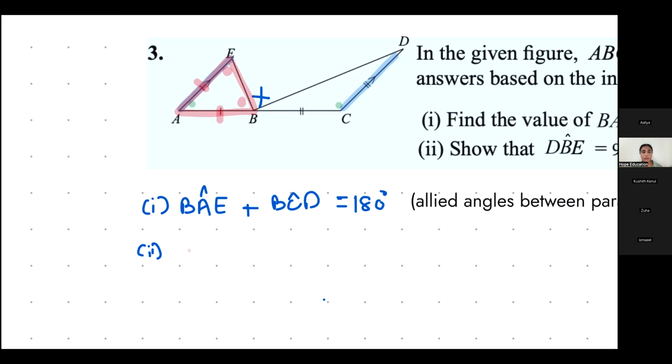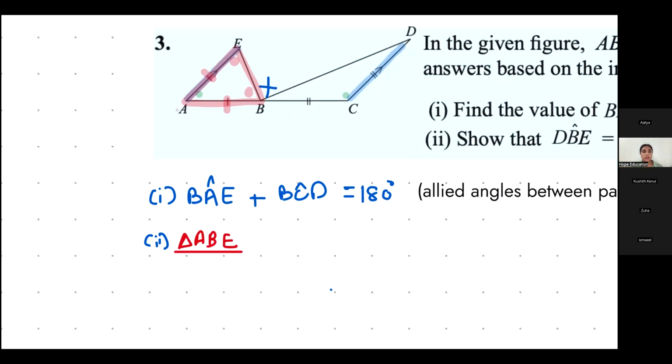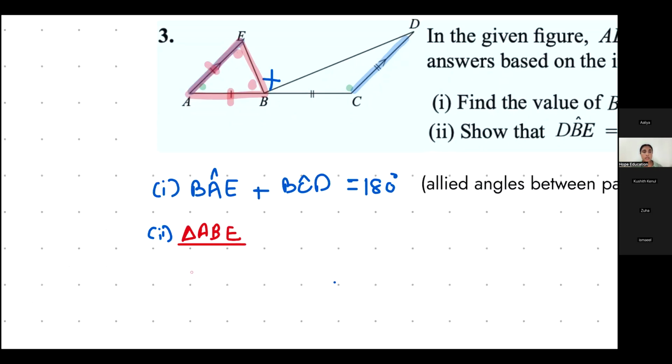Anyways, the triangle is ABE. I'll just put a topic so it's easy to understand. So we know AEB plus ABE plus EAB equals 180.